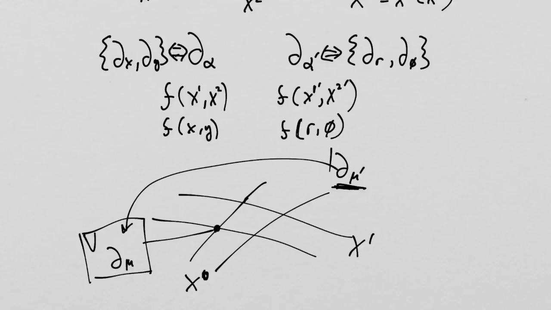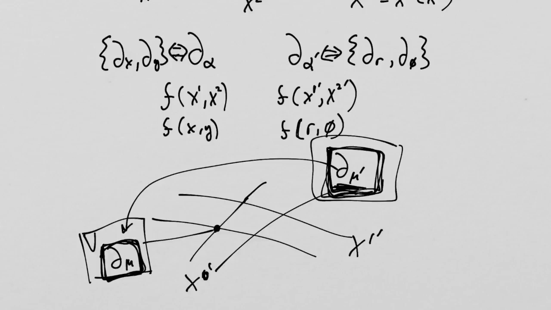So you should always be able to express this vector in terms of this basis. And likewise, if you were in the prime coordinate system, this would be the coordinate basis, and this would be a different, a foreign basis. But again, this basis vector must be expressible in terms of that basis system.